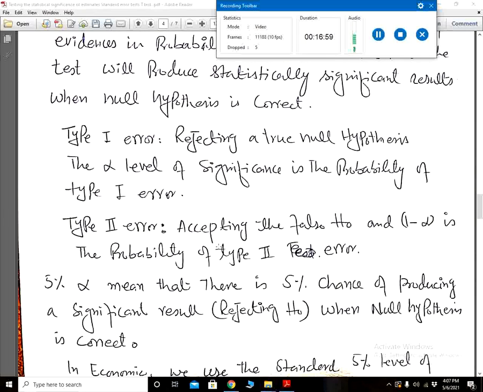Type 2 error is accepting the false H naught, and it is shown by 1 minus alpha, and that is the probability of type 2 error.